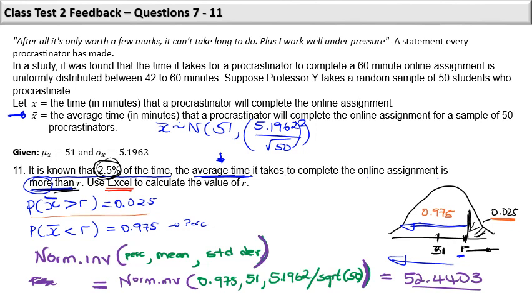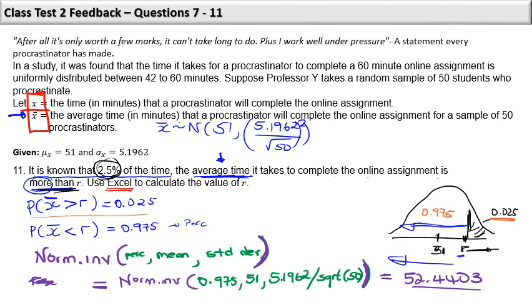So just a quick summary. From question 7 to question 11, you will realize what was important was getting to know which variable between these two you are working with. Are you working with X or are you working with X bar? And if you're working with X, what is the distribution of X?